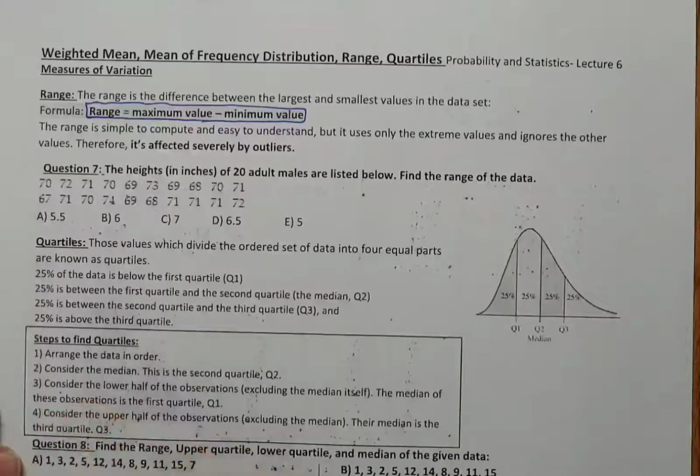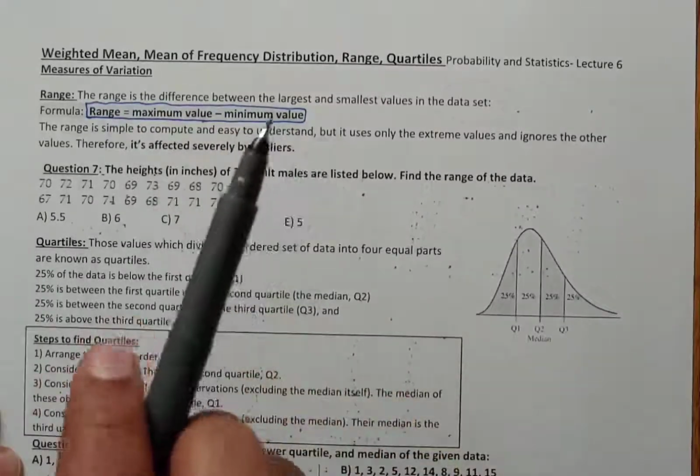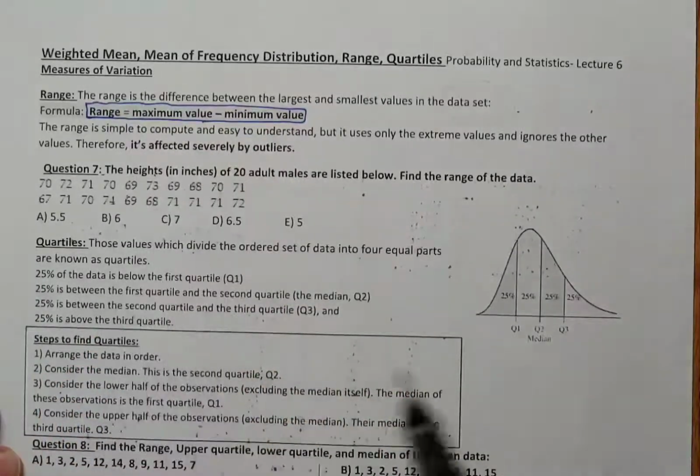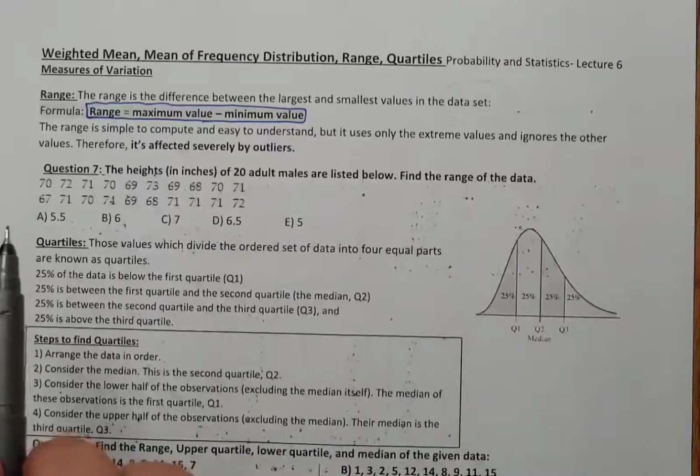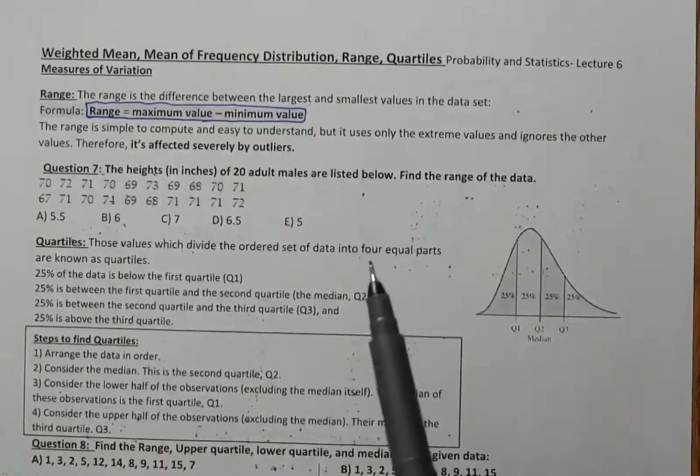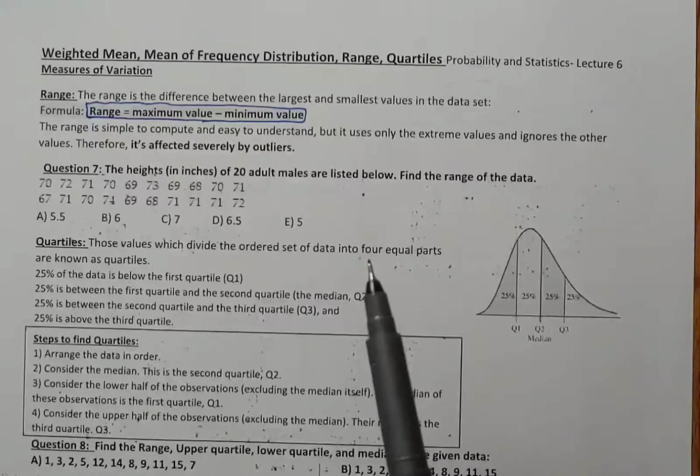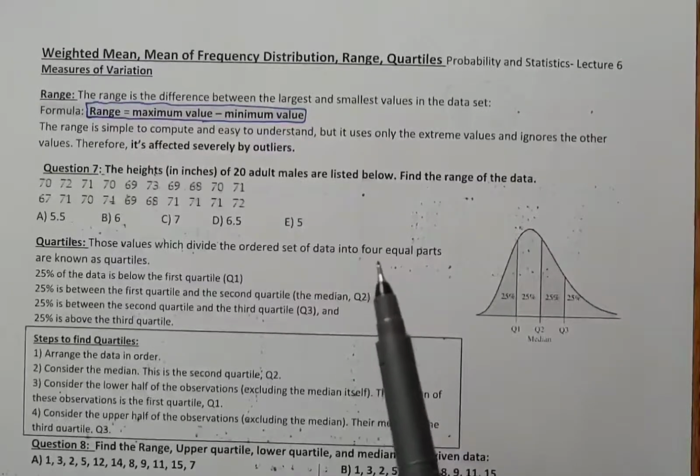So if there is an outlier, that affects the range. Mean is affected by outliers, and range is affected by outliers. The median and the mode are not affected by outliers.